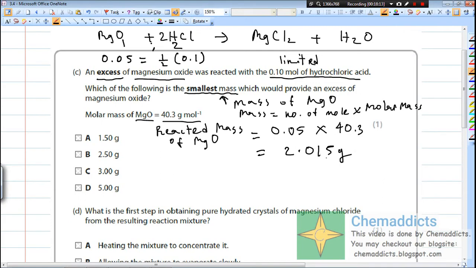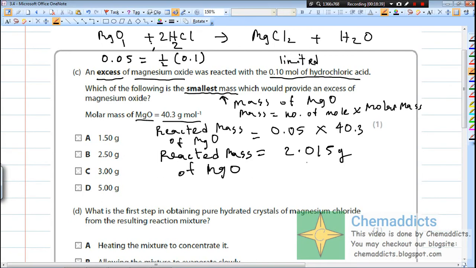If we calculate, we get 2.015 gram. So this is the reacted mass. This mass has reacted. Now we know the reacted amount of mass of magnesium oxide.